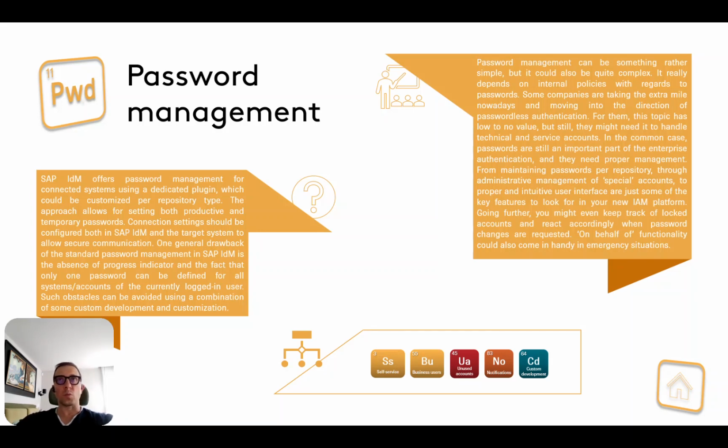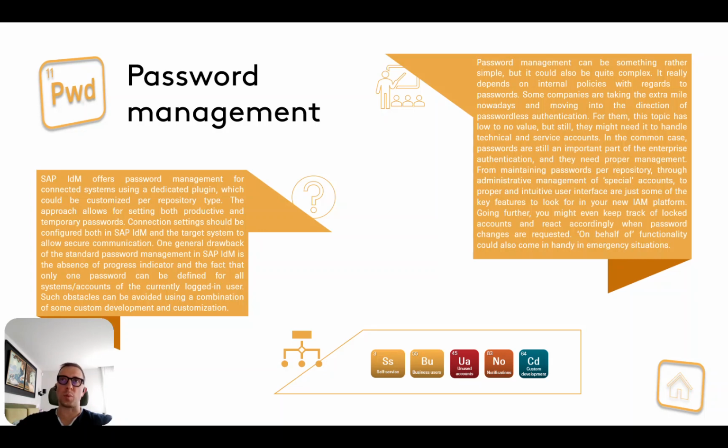The major areas where SAP IDM was lacking were a clear indication of the password progress, for example, during change of the password, locked initial password, and the fact that out of the box only one password was allowed per user for all its accounts in the various target systems. This is partially inherited from the approach we explained earlier with Active Directory, being the central authentication authority.